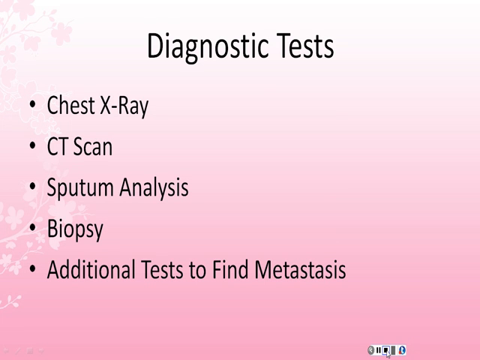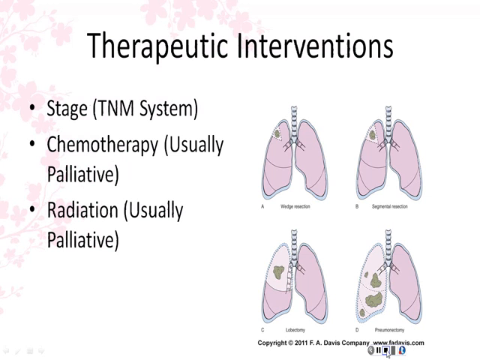Therapeutic interventions: they still use that same staging scale, the TNM system. Chemotherapy and radiation are usually palliative. They can do surgery with lobectomies or removal of the entire lung. As discussed before, they also can use those monoclonal antibodies, and anti-angiogenesis agents and growth factor inhibitors as well.